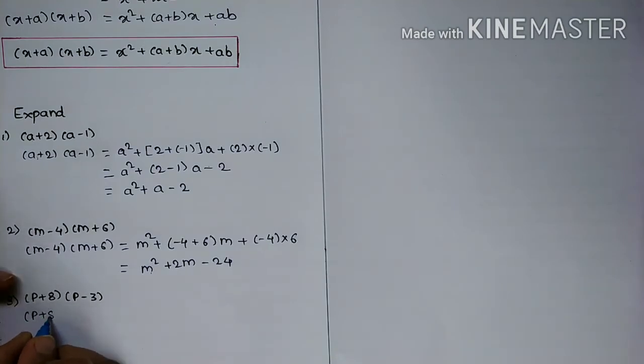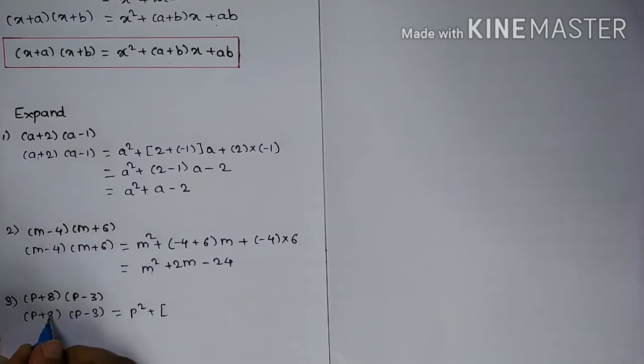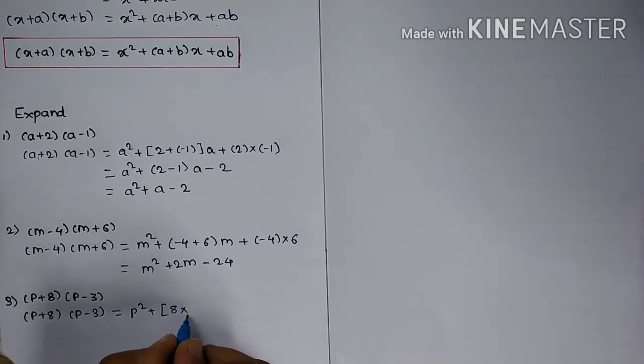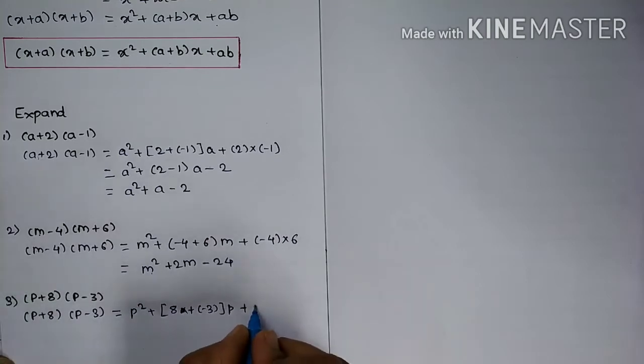Write down (p + 8)(p - 3) is equal to p square, plus a is 8, plus b is minus 3, into x, that is p, plus 8 into minus 3.